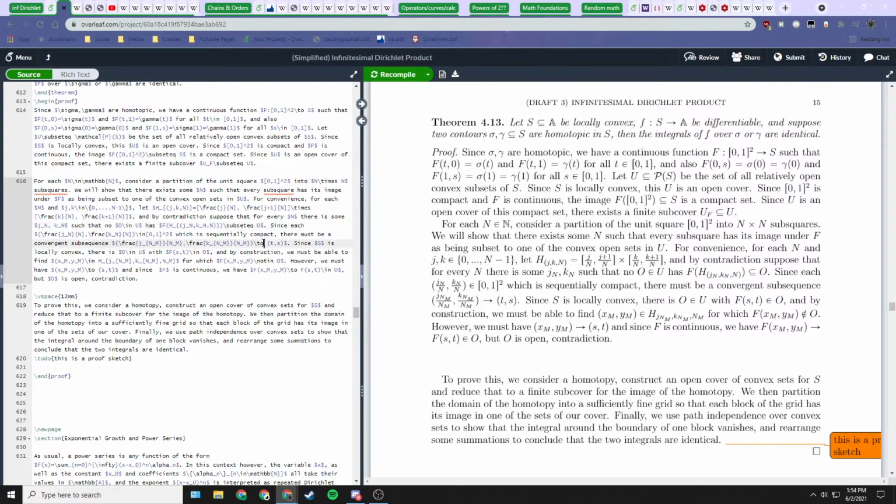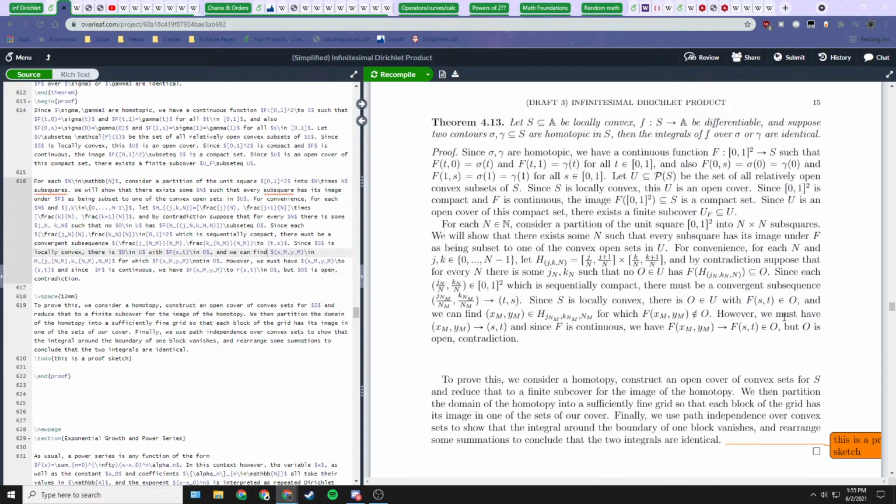And we can find x_m, y_m, which is not in O. Hold on.